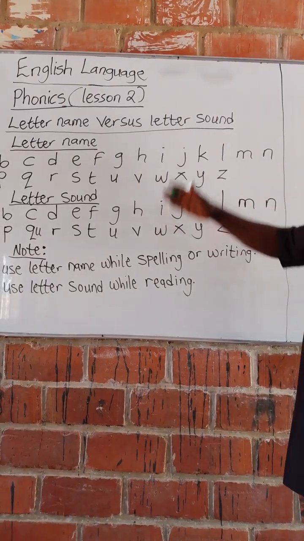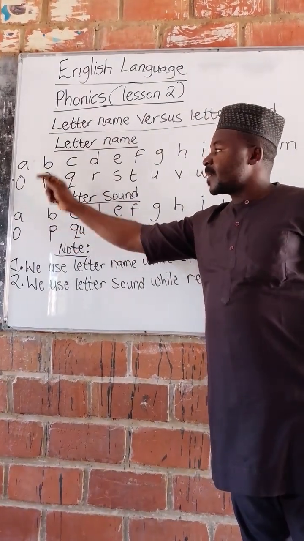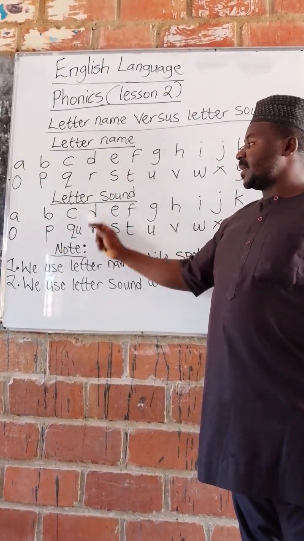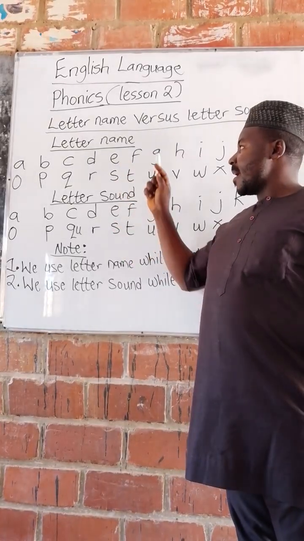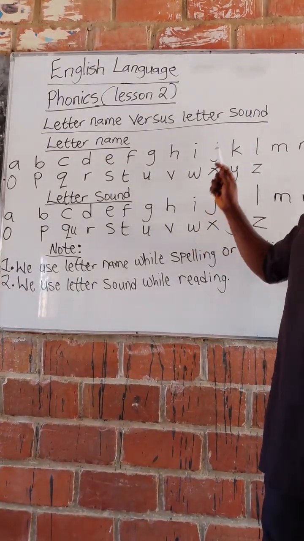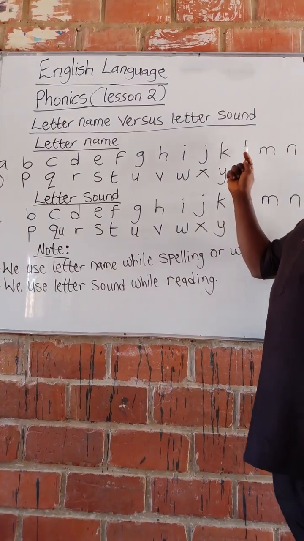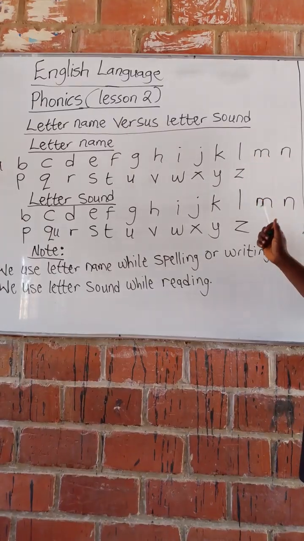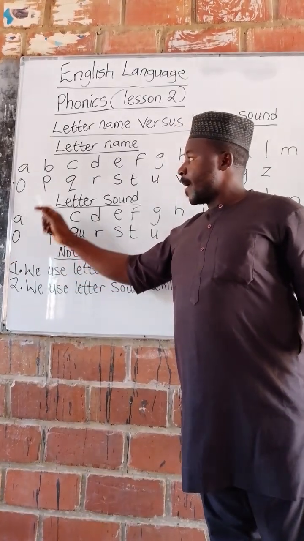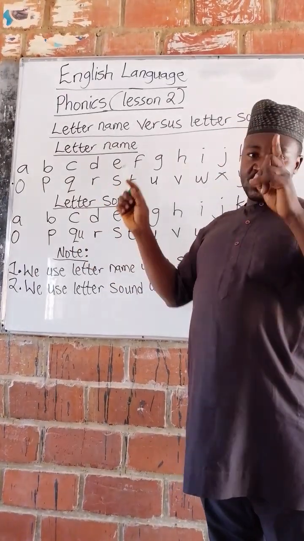So since we said letter name versus letter sound, let's look at the differences. A, B, C, D, E, F, G, H, I, J, K, L, M, N, O, P, Q. In letter sound Q is two letters, but in letter name it is one.